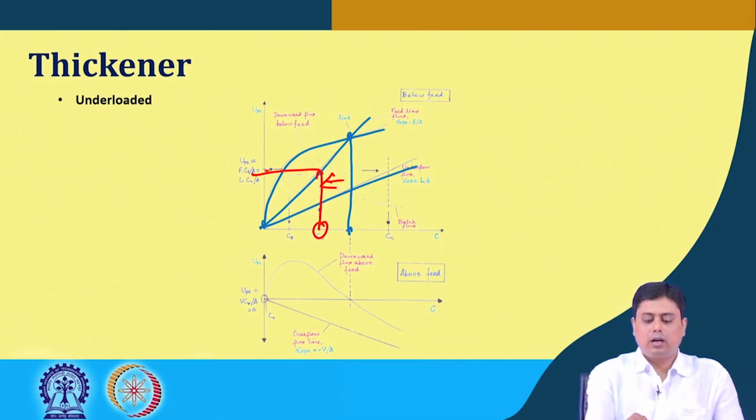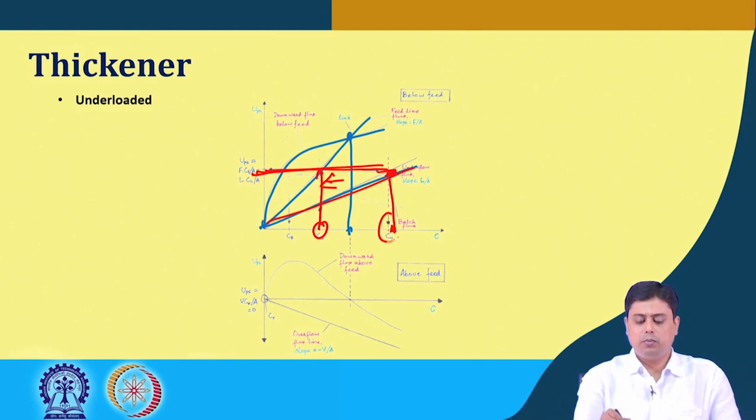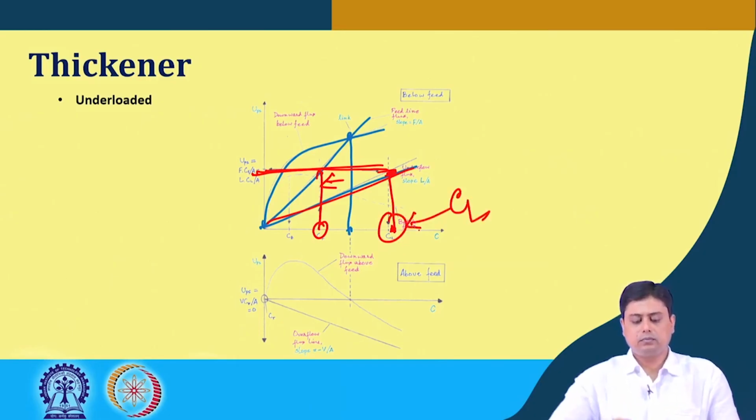So, the corresponding concentration at the underflow would be the intersection between this line and the line with the slope of L by A. This would be our CL, and all the flow is happening in the downflow region.